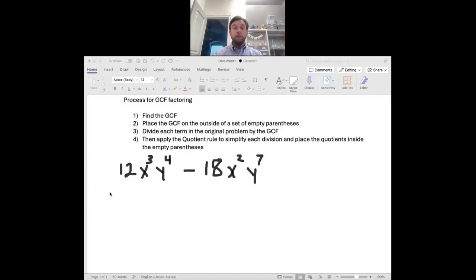First, find the GCF between the 12 and the 18. What's the highest number that goes into both 12 and 18? 6. It would be 6, right? Now how about the variables? What variables are common and what exponents do I use?